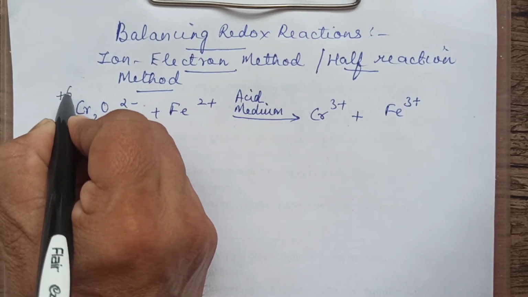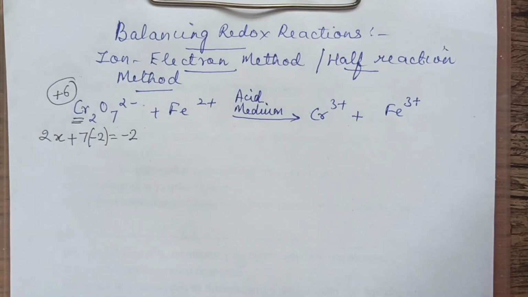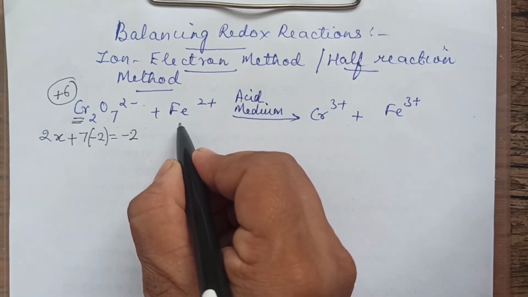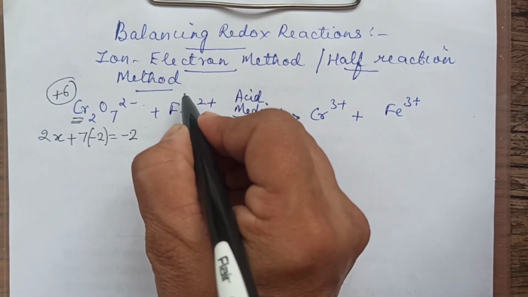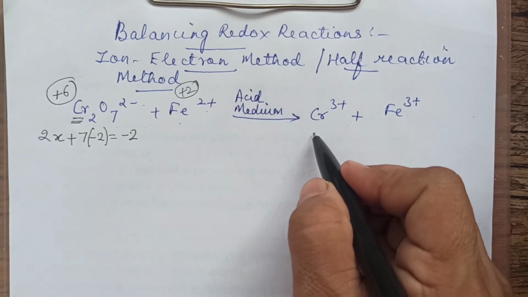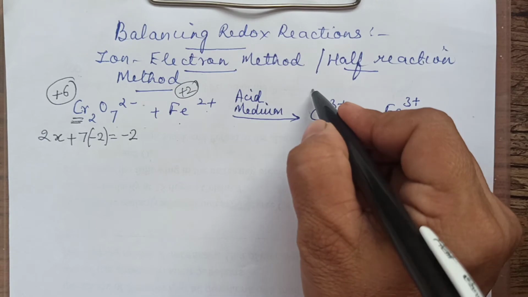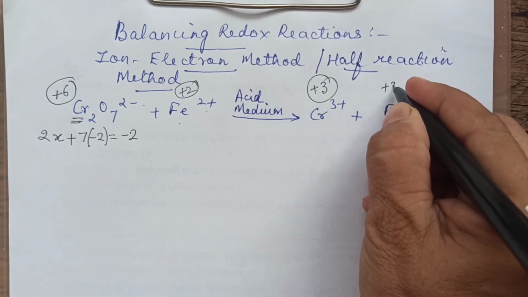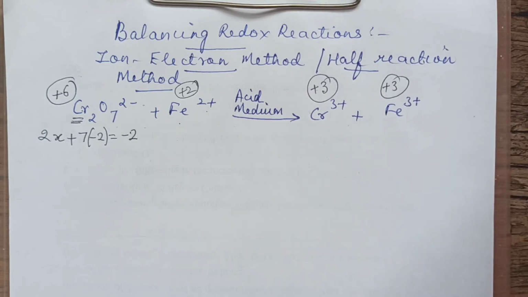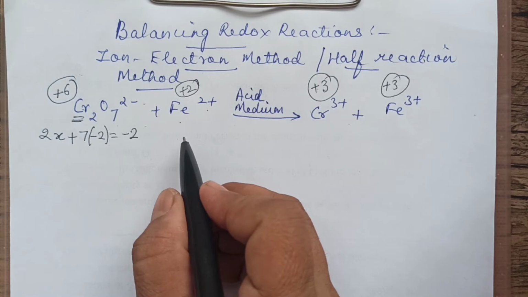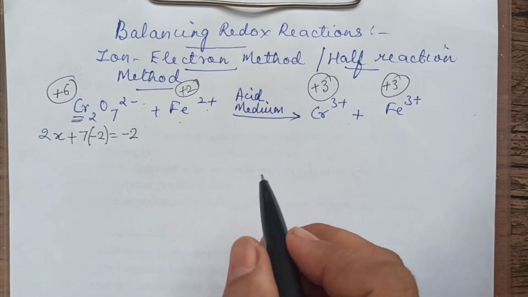You write the oxidation state of the element and specify it on top in a circle. This is a monoatomic ion, so it is equal to the charge present, plus 2. This is also a monoatomic ion, it's equal to plus 3. Very simple. This one is also plus 3. So we can say it's a redox reaction because elements are undergoing changes in oxidation state.